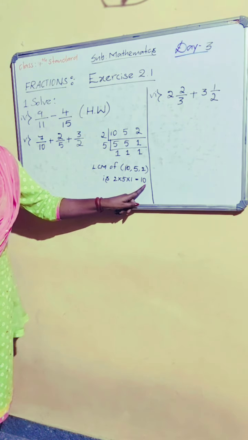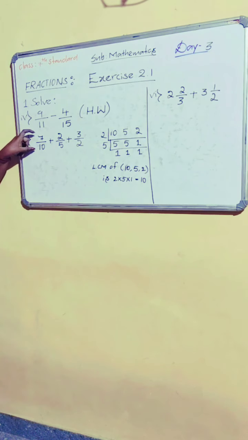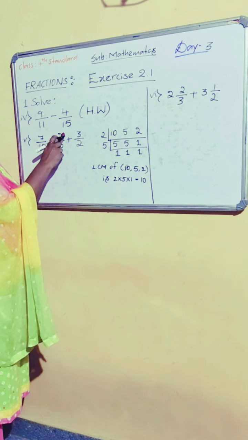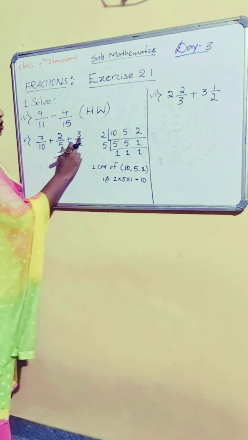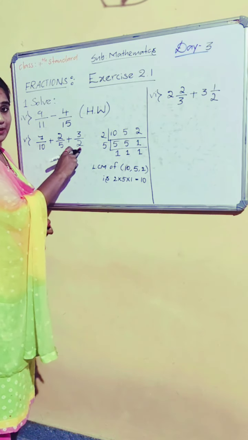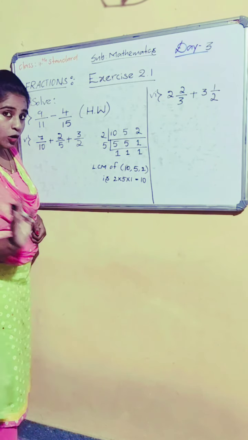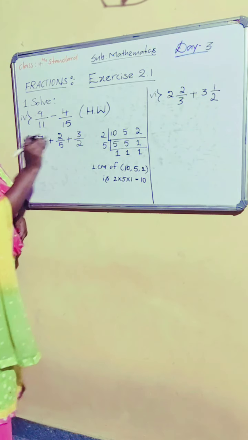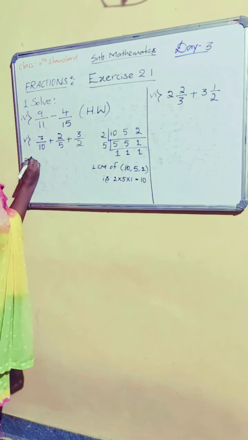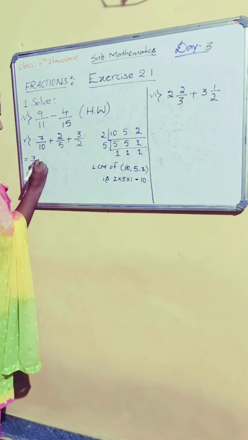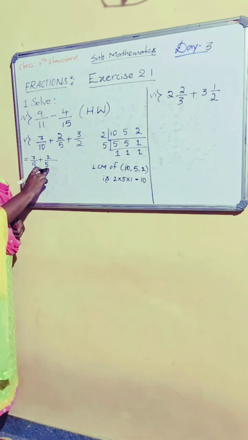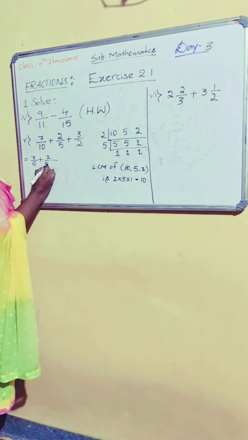Since we got the LCM 10, for this fraction 10 is already there in the denominator, isn't it? So here, to get 10, what is the number I have to multiply? 2, to both numerator as well as denominator. To get the denominator 10, what is the number I have to multiply? 5. If I multiply 5 to the denominator, the same number should be multiplied to the numerator. So 7 by 10 plus 2 by, to get 10 here, what is the number I have to multiply?